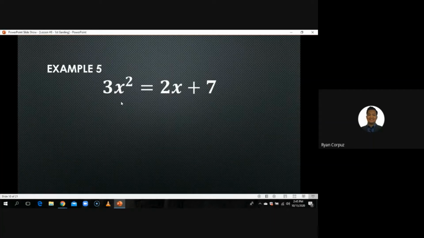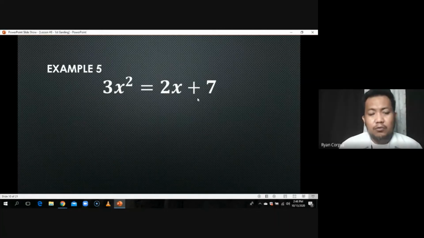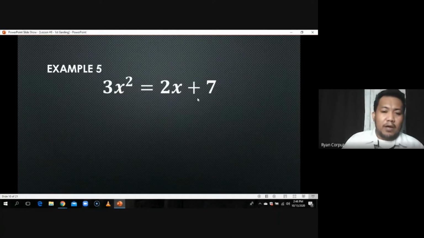For example number 5, the given is 3x squared is equal to 2x plus 7. If you look at the given equation here, it's not yet written in the form ax squared plus bx plus c is equal to 0. So the best way to answer it is to transform it first into the form ax squared plus bx plus c is equal to 0 in order for us to identify correctly the values of a, b, and c.